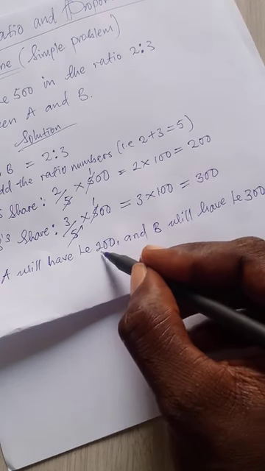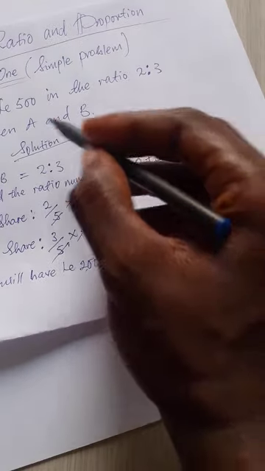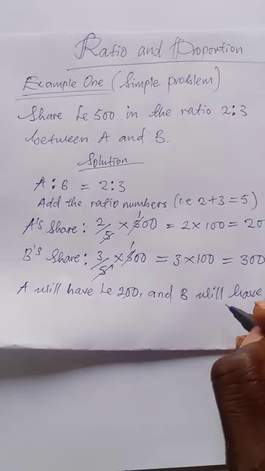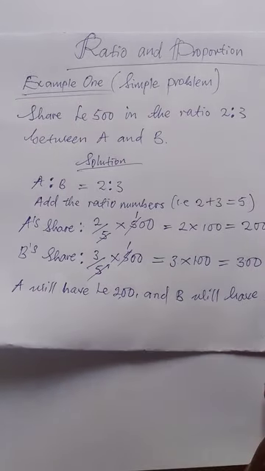Of course, when you add 200 and 300, you will get 500, which is the amount being shared. Okay? So, let us work out another problem.